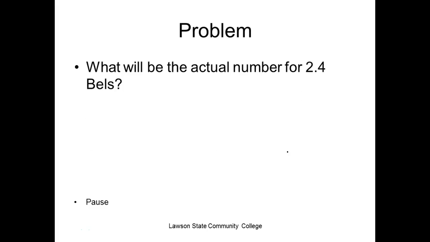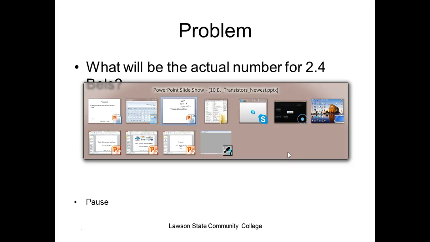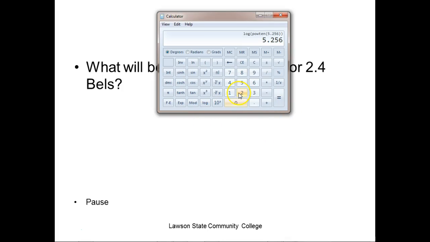And that's the number. Well, what will be the actual number for 2.4 Bels? Well, you get the calculator, find that key. I would say 2.4, and then I hit 10 to the x, and that would be the number. 251 point big number.